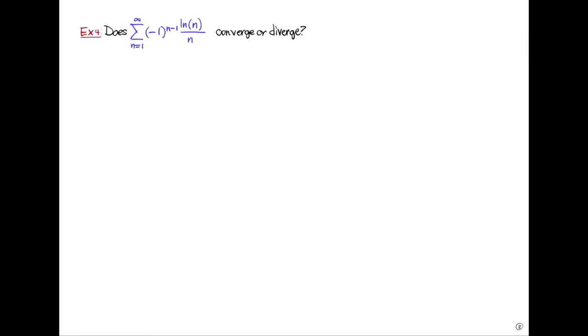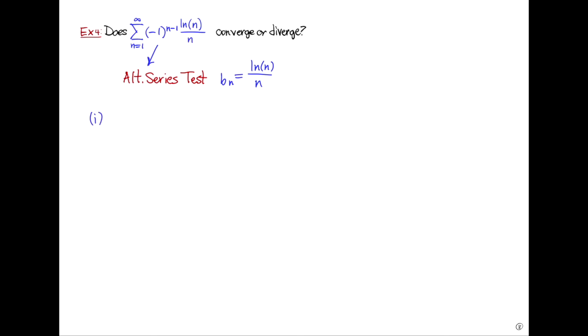We have this series (-1)^(n-1) times the natural log of n over n. This is alternating, so we'll start with the alternating series test. And let's define b sub n as the natural log of n over n. We need to prove two things.